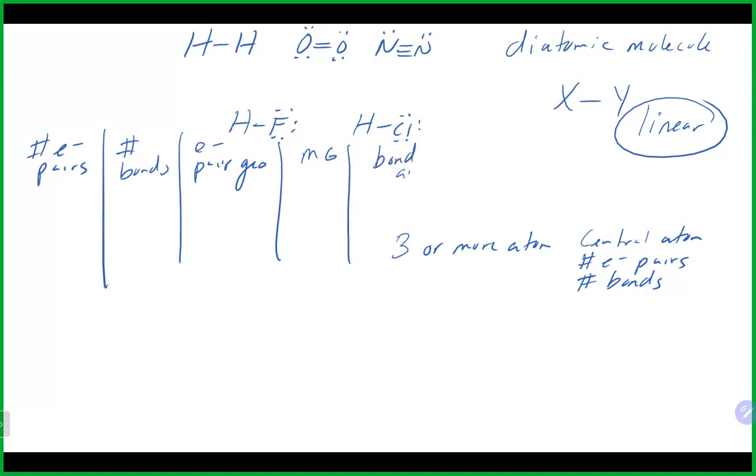Not that you have to worry too much about bond angle, but that is the best way to do it as we go through these examples, because most people, myself included, can't visualize three-dimensional space of what everything looks like. So, if you can recognize how many electron pairs it has or how many bonds it has, you basically will know the geometry. And again, even though we're going to talk about the electron pair geometry, you're only responsible for the molecular geometry as we go through it.